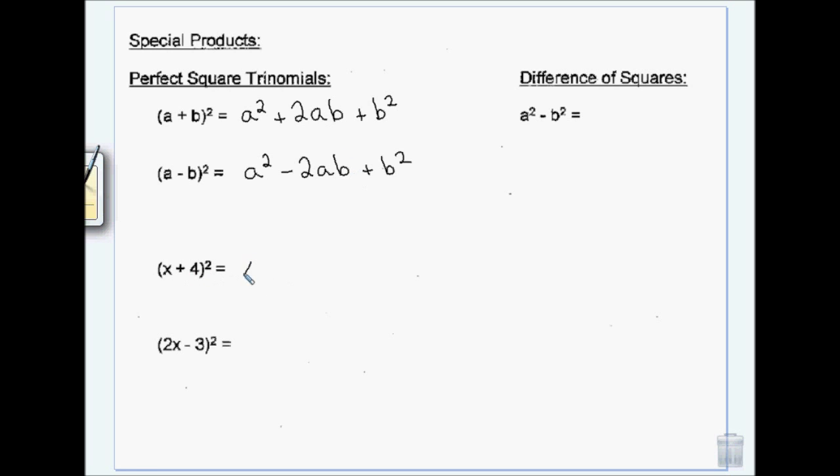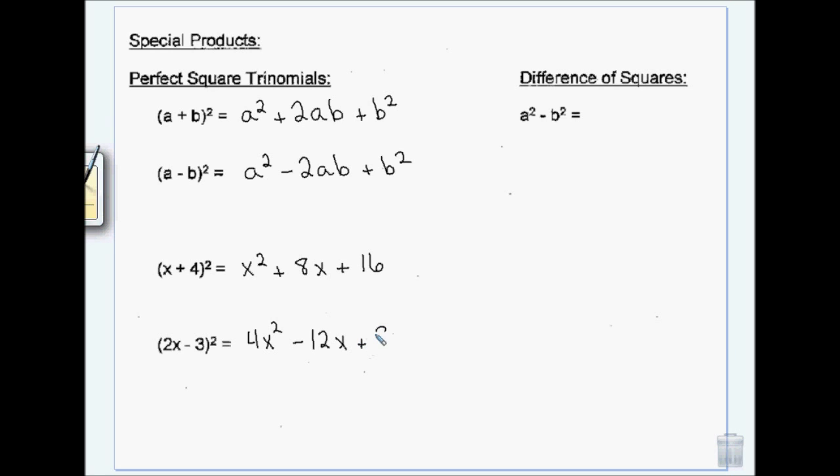So if we square x plus 4, I get x squared plus 2 times 4 times x, so 2 times 4 is 8, 8x, and then plus 4 squared, so that's 16. For 2x minus 3, 2x squared is 4x squared. And then I want to do 2 times negative 3, which is negative 6, times 2x, so that gives me negative 12x.